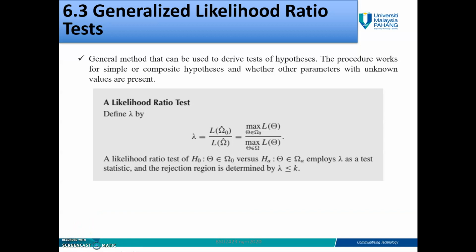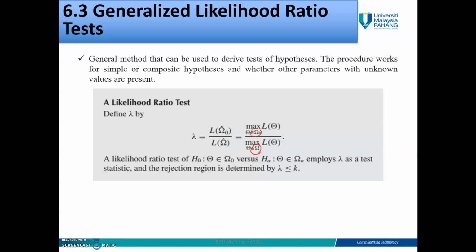So if you look at the definition of the likelihood ratio test, we define lambda equal to the maximum of the likelihood function over omega naught, divided by the maximum of the likelihood function over big omega. Big omega is for the population, and this is for the sample.